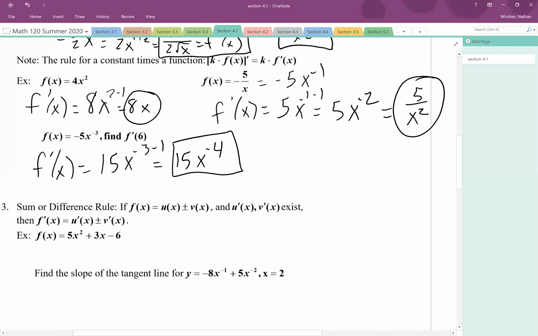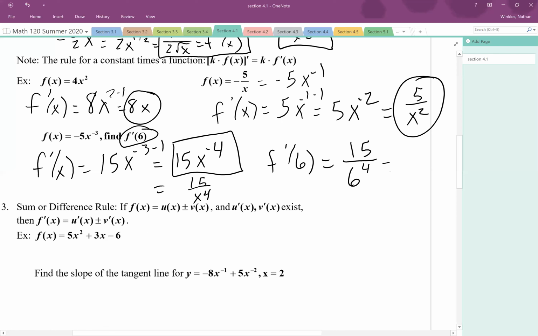Now, it doesn't stop there. It wants us to find f prime of 6. So f prime of 6 would be 15 over 6 to the 4th, because we could have rewritten this as 15 over x to the 4th.